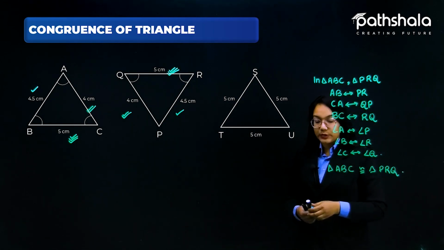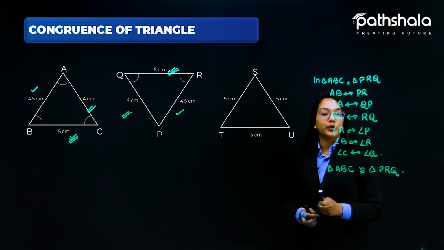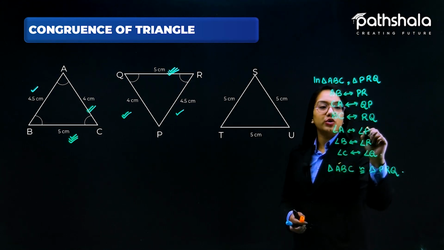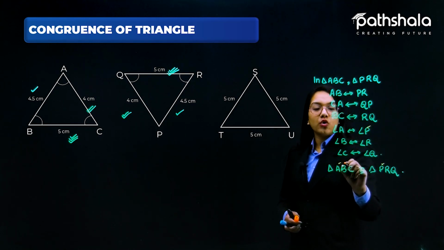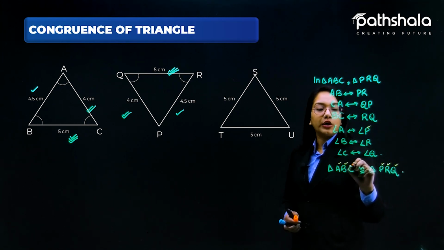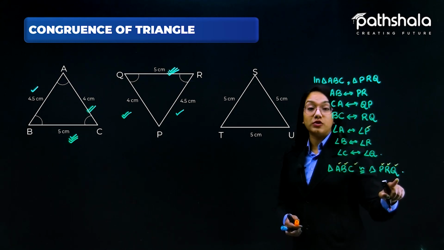So this is a very special note on how we can write the two triangles to be congruent to each other. Since angle A corresponds to angle P, angle B corresponds to angle R, angle C corresponds to angle Q, that's why I have taken ABC in this order and PRQ in this order.